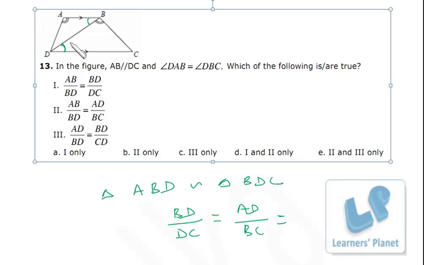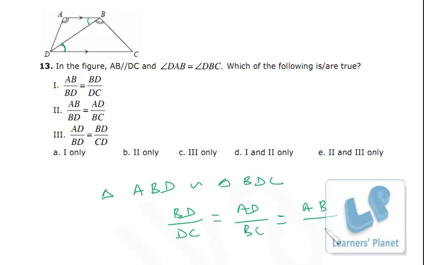Now BD, AD, the third one remaining is AB, and here it is DC, BC, the remaining one is DB. Now just check, AB by BD is equal to BD by DC. That's correct. Then AB by BD is equal to AD by BC. That's also correct.